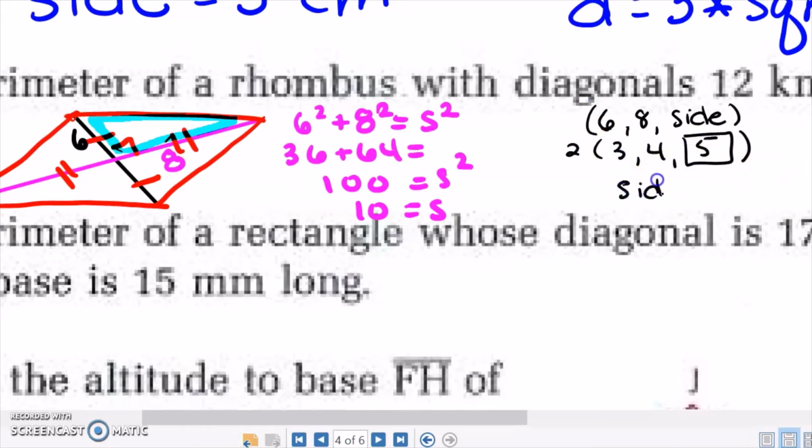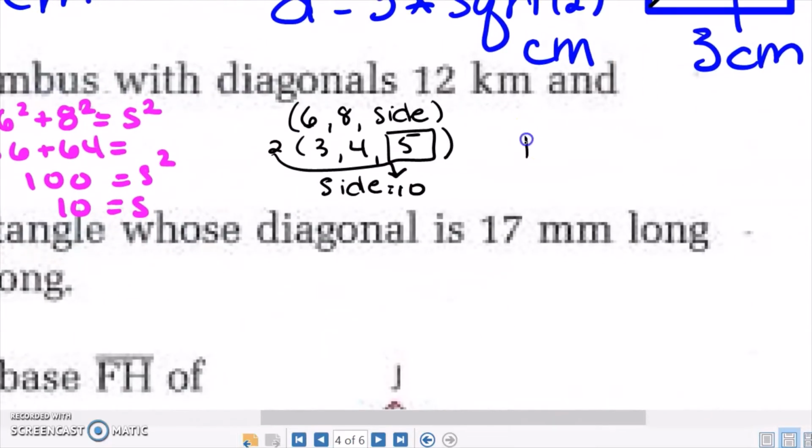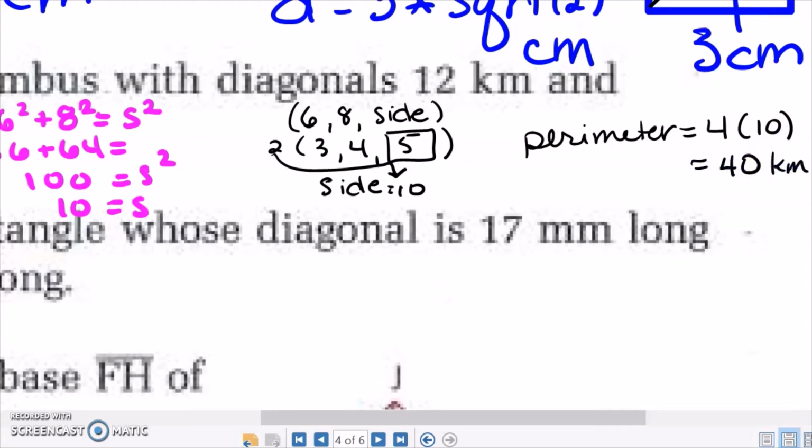So now I know the side is 2 times 5, which is 10. Now, if the side is 10, they ask me to find the perimeter. That's 4 congruent sides that share length 10, or 40 kilometers.